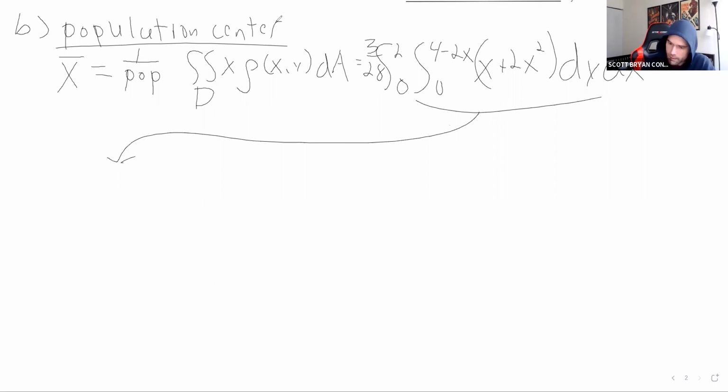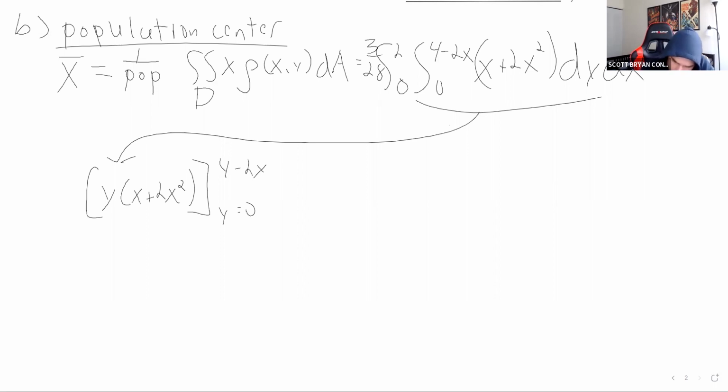Okay, integrating with respect to y. So we get y times x plus 2x squared from y equals 0 to 4 minus 2x.